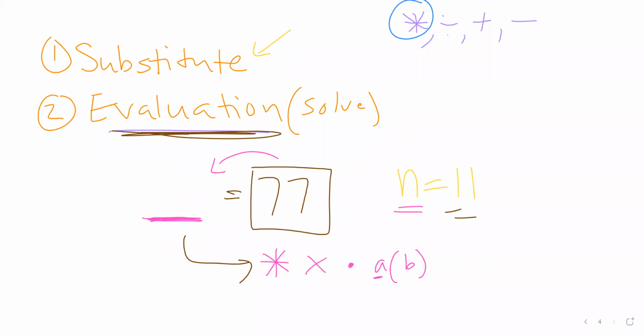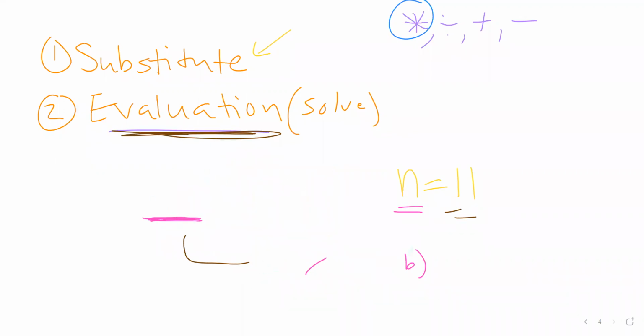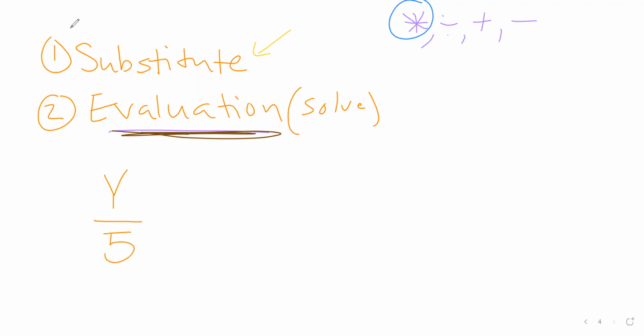So let's try another. Let's do a little more evaluation and substitution. Remember, evaluation is just a fancy word for solve. How about we do y divided by 5, where y is going to be equal to 15.